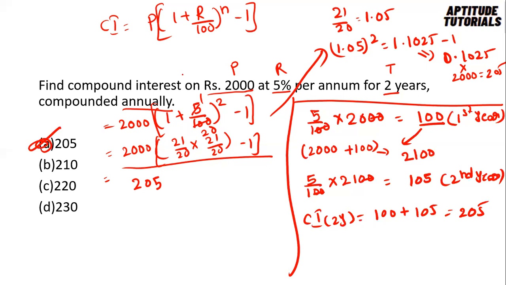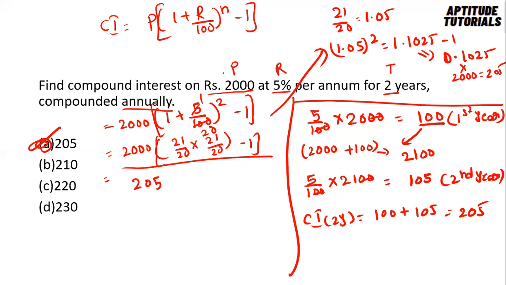And if you're calculating for the next year, third year, then you need to add that 105 rupees to the previous principal. What is previous principal? Previous principal is 2100, right? Let's say if you are continuing it for the third year, then your principal is 2100 plus 105 and 5%. That is the same.